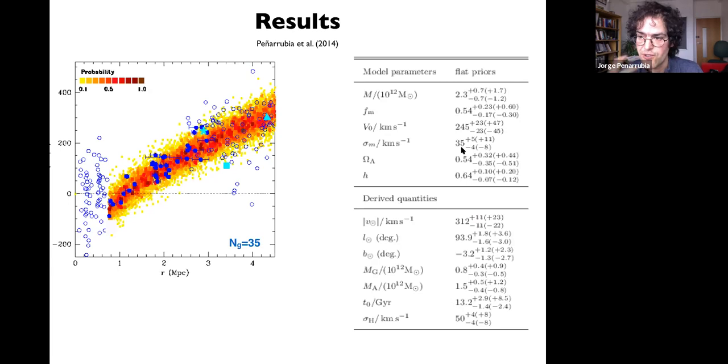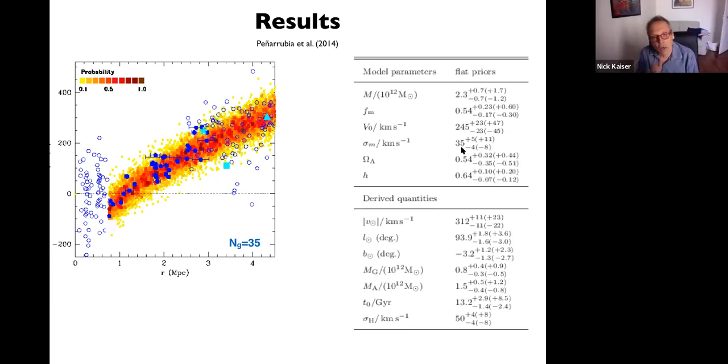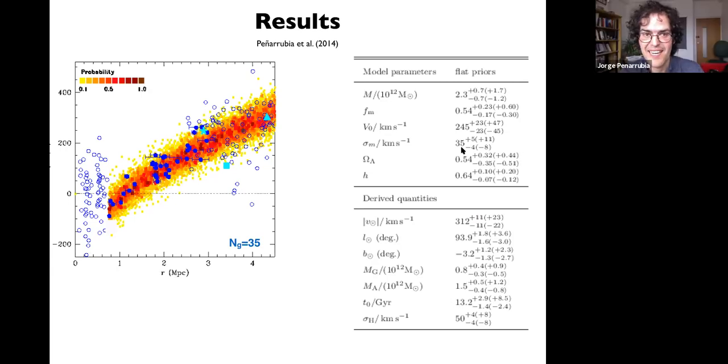Or in other words, if you choose the wrong location of the barycenter, you increase the scatter. No, I understand that. So you can turn that argument around, and we can agree or disagree. But what this method is doing is trying to minimize that particular scenario where the scatter is partially due to the wrong choice of barycenter.